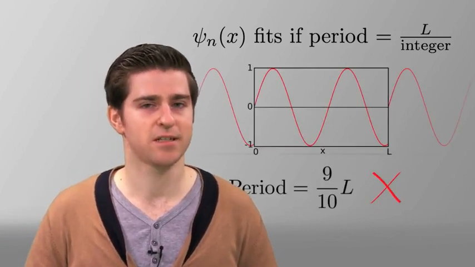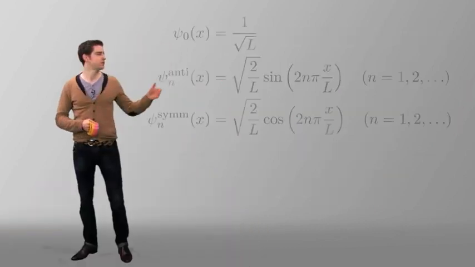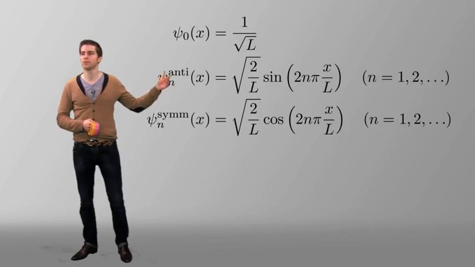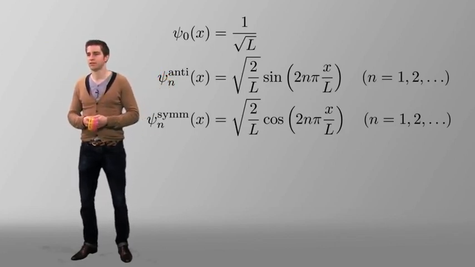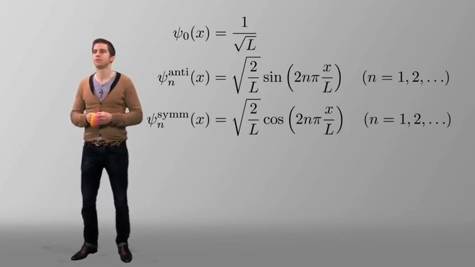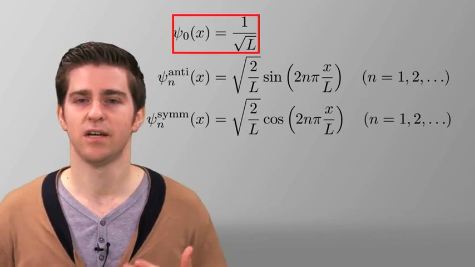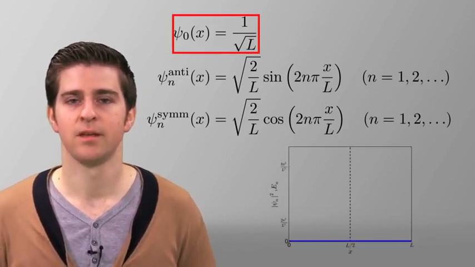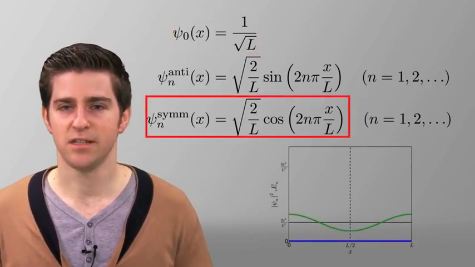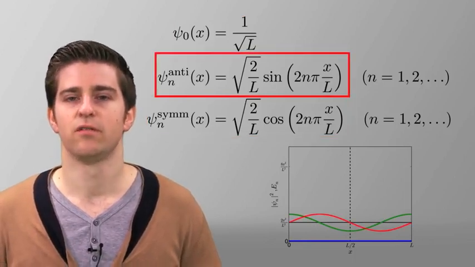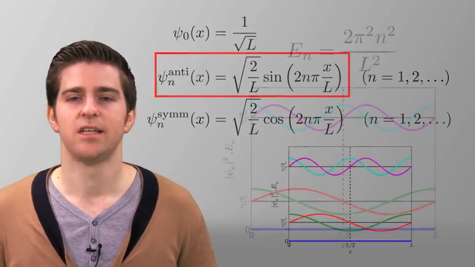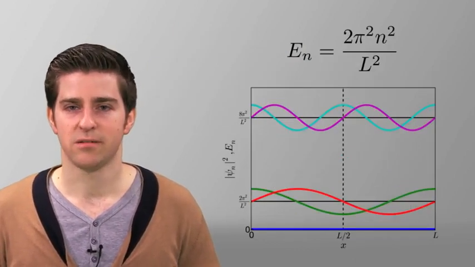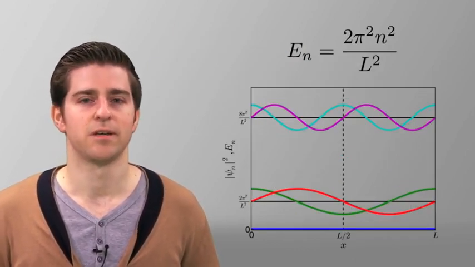A complete set of waves that do fit is shown here, where the superscripts denote symmetric and antisymmetric wave functions with respect to the center of the interval from 0 to L. You see one ground state and a symmetric and an antisymmetric solution for each excited state with the energies E_n equals 2 pi squared n squared over L squared.